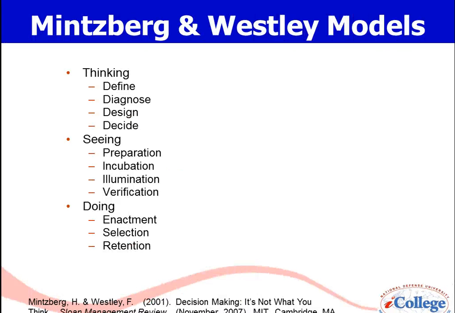In a 2001 article in the Sloan Management Review, Henry Mintzberg and Francis Westley suggested 3 basic models of decision making. The first was a traditional rational approach, where you define the problem, diagnose it, design and test possible solutions, and then select the best.